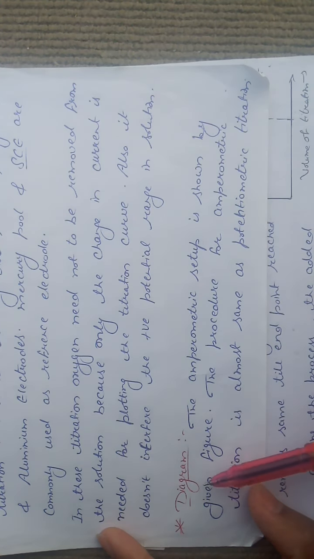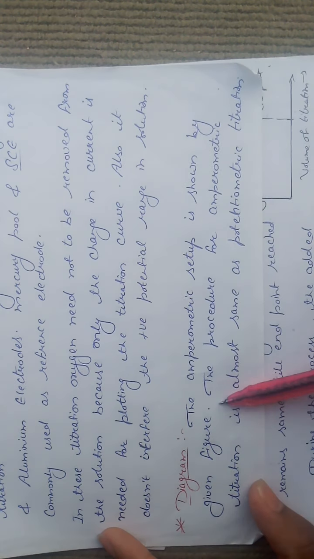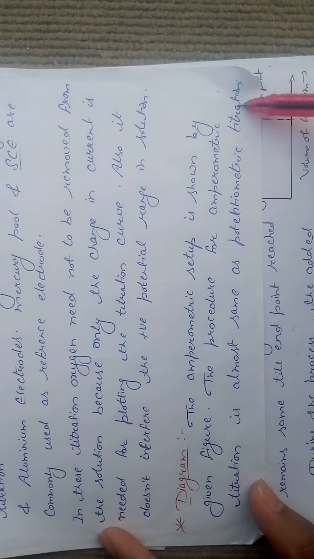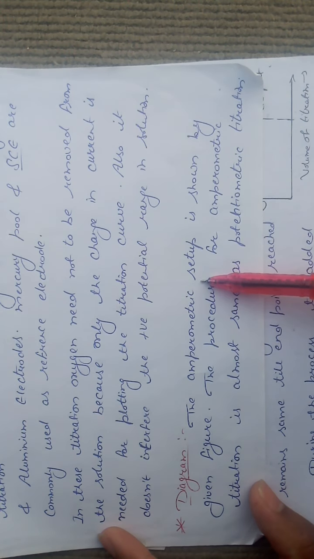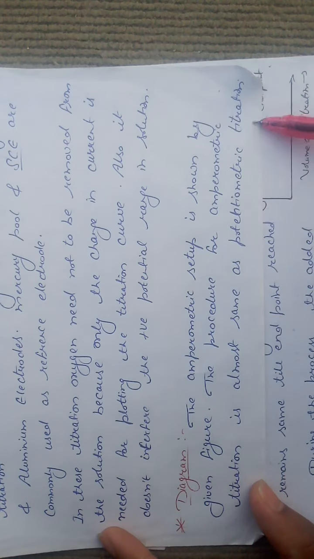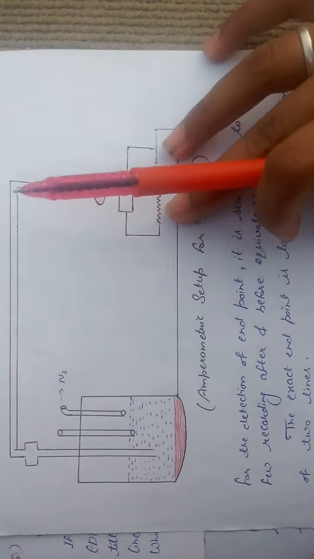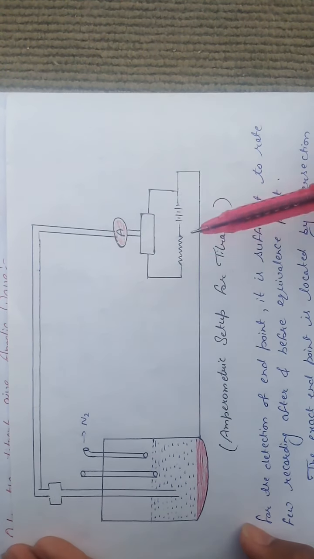Let's discuss the diagram. The amperometric setup is shown in the given figure. The procedure for amperometric titration is almost the same as potentiometric titration, right? Here is the figure, or you can say the diagram, of the amperometric setup for titration.